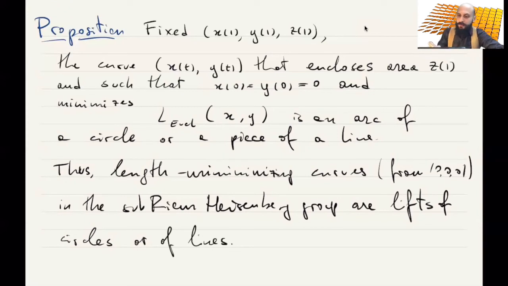Okay, so now let's explain why this is true, and then we will lift the curves and get all the geodesics. As I said, this is a consequence of the isoperimetric problem. So, proof.